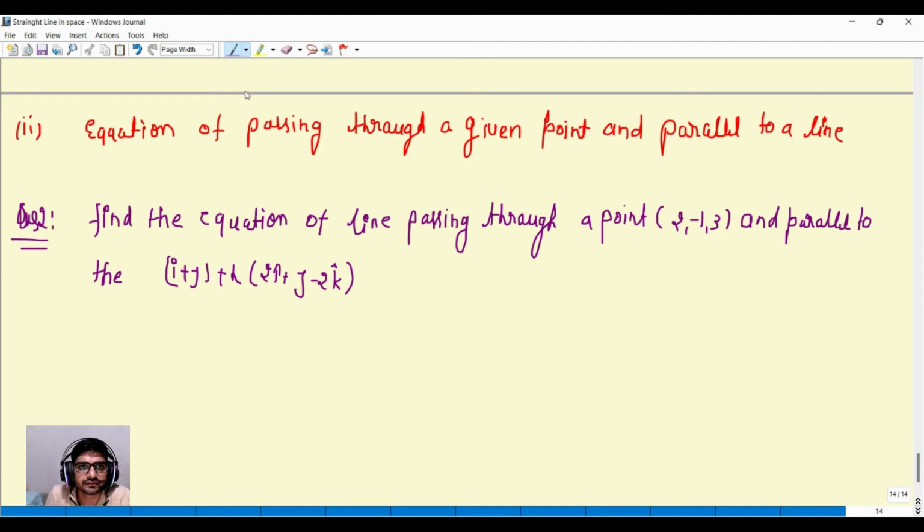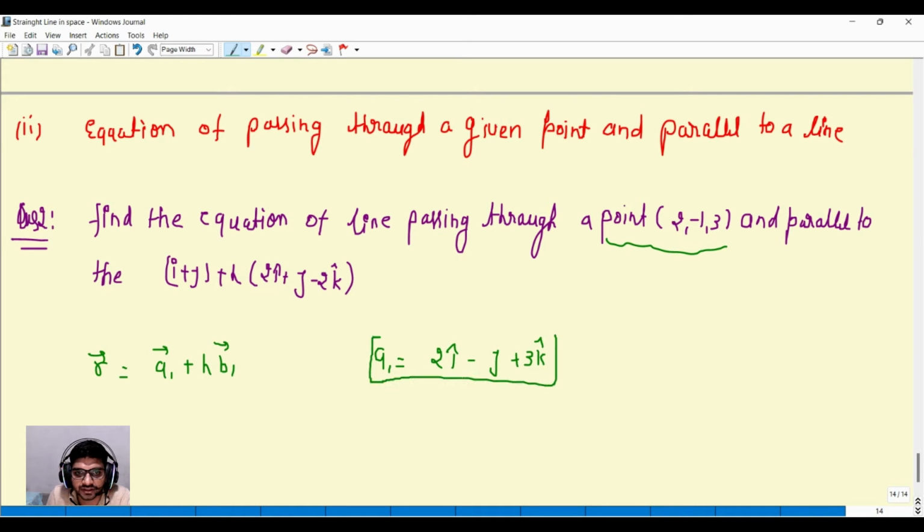So what is the equation of the line? The equation of a line in vector form is r equals a1 plus lambda b1, where a1 is the position vector. What is a1 in this question? 2i minus j plus 3k. a1 is the position vector, and b1 is the vector to which the direction ratios are proportional.